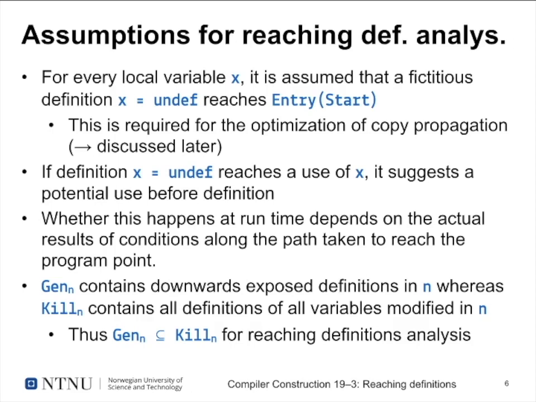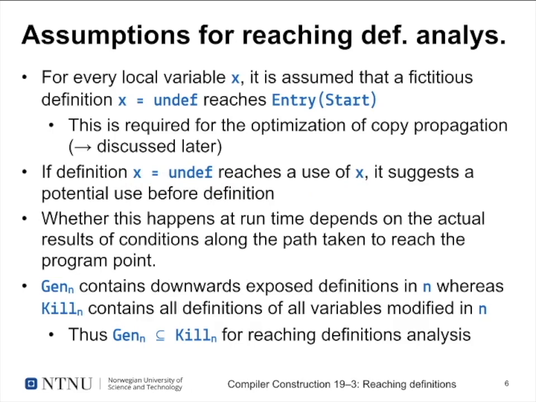Now if we figure out that the definition x equals undef reaches a use of x, then we know we have a potential use of that variable before it has ever been defined. So if there's some path where we can figure out, oh, x is still undef when we try to use it, there might be a problem and we can do something about it, like throw an error message or try to fix it somehow.